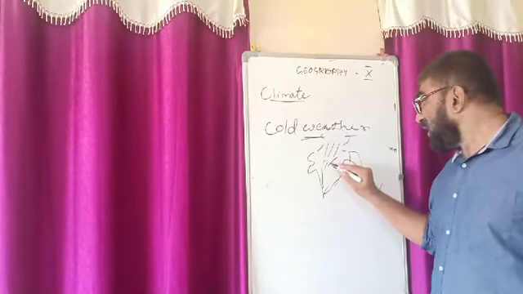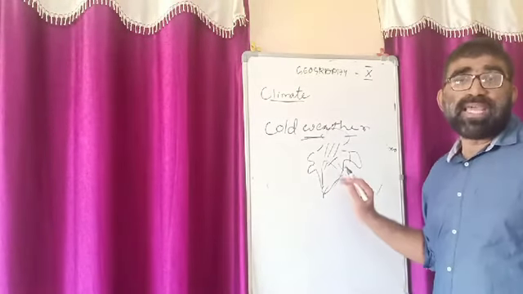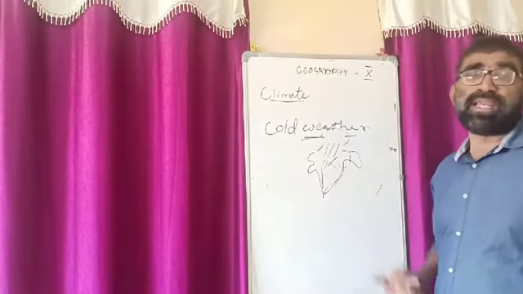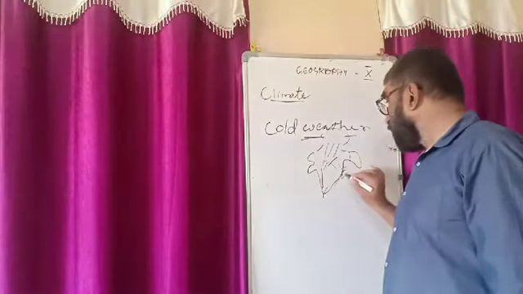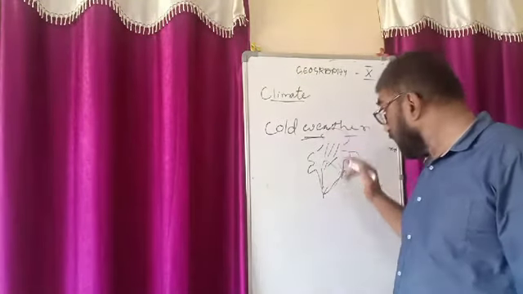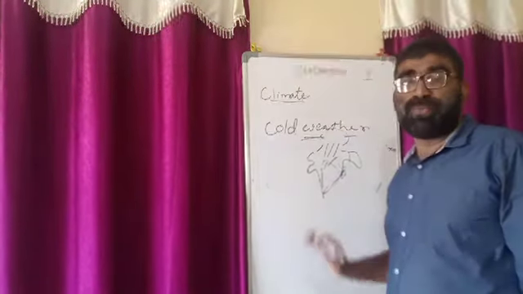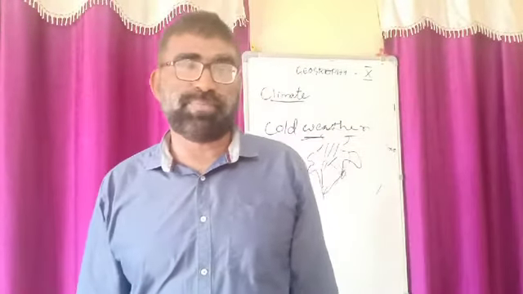Through the Ganga Valley, they are forced back to the Bay of Bengal, and they give rainfall here in the Coromandel coast. So we know cyclones are produced. These cyclones mix with this monsoon and give heavy rainfall in the southeastern coast, or Coromandel coast.